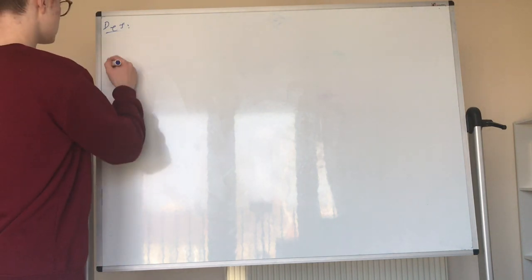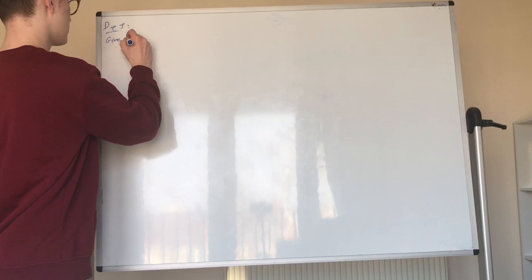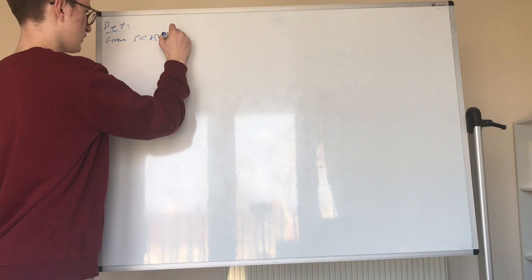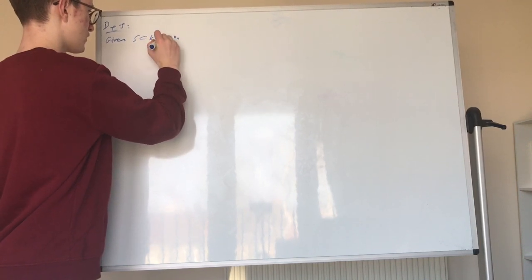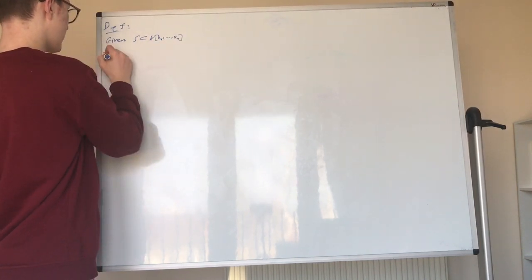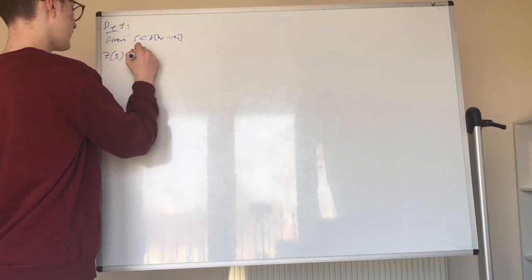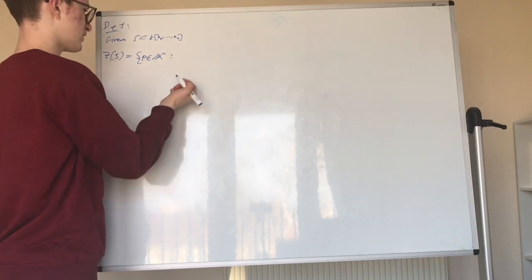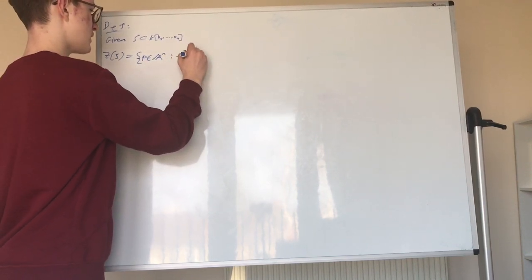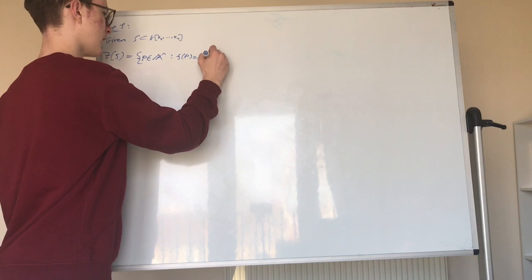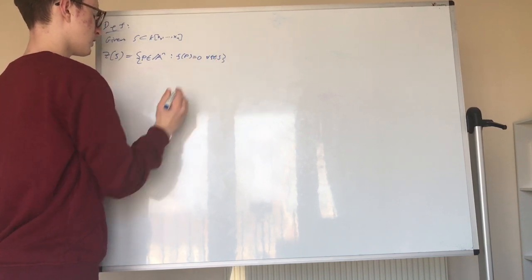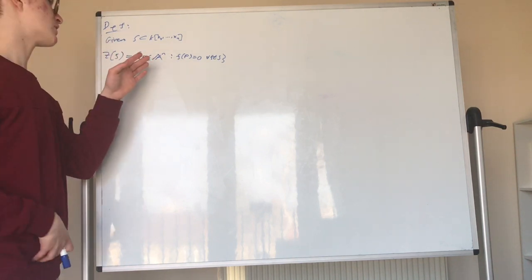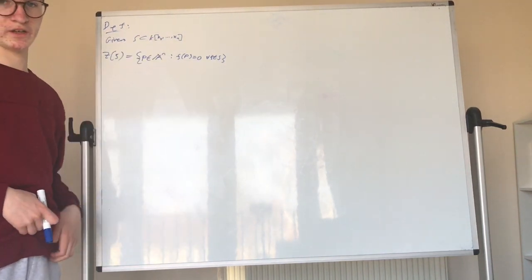So, given some S, a subset of k[x1, ..., xn], we have that Z(S) is equal to the set of all points in A^n such that f(p) equals 0 for all f in S. So it's basically the set of all points that vanish no matter which polynomial we pick in S.